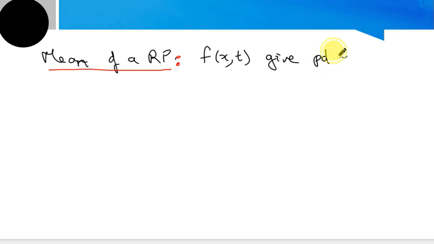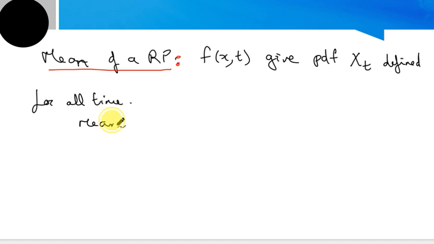Mean of a random process. So what is meant by mean of a random process? The first order density function of the random process, which I denote by f of x comma t, gives the PDF of the random variable x of t, defined for all time.